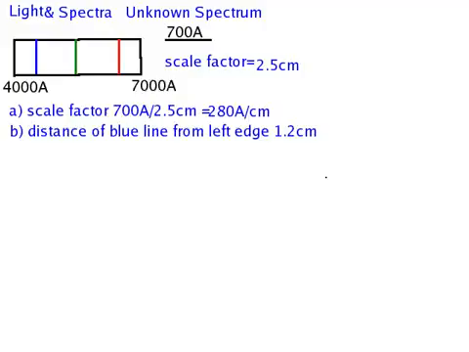So the distance in angstroms would be 1.2 centimeters times 280 angstrom per centimeter.